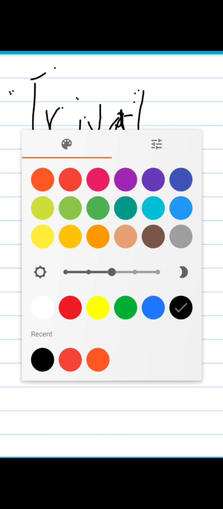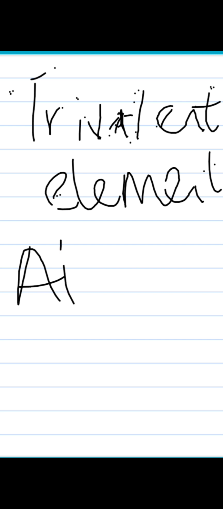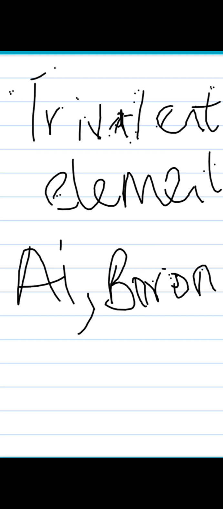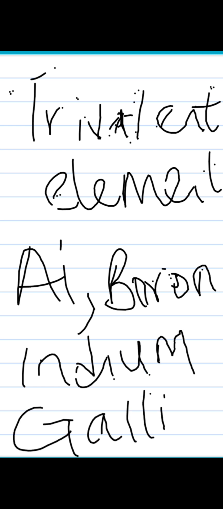Examples of trivalent elements, those in group 3: we have aluminium, boron, indium, gallium and thallium. All these are examples of trivalent elements.